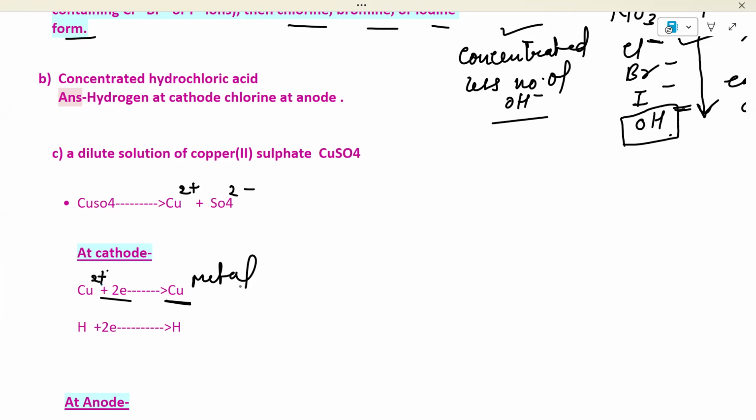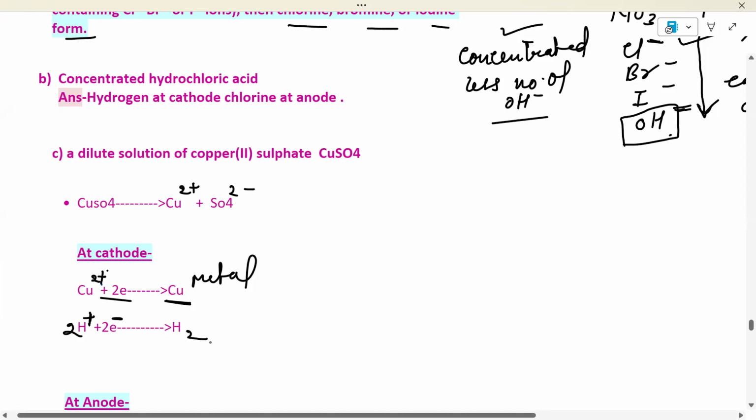Now it becomes copper, right? And there may be the possibility of hydrogen ion, because hydrogen is also a cation, so it can take 2 electrons to become hydrogen gas. There are two possibilities, right?